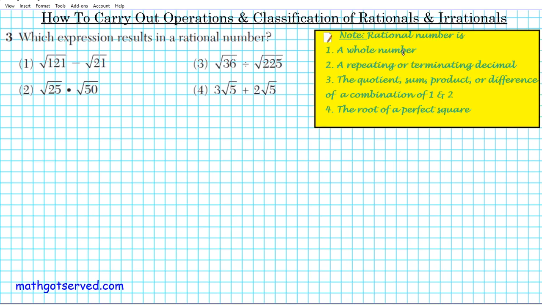Okay, since they're already rational, if you have any operation, sum, difference, product, or quotient of two rationals, your answer will always be rational. And lastly, the root of a perfect square is also rational. Okay? All right, so let's go ahead and take a look at these problems. We're going to evaluate, carry out the specified operation, and then we will proceed to classify.